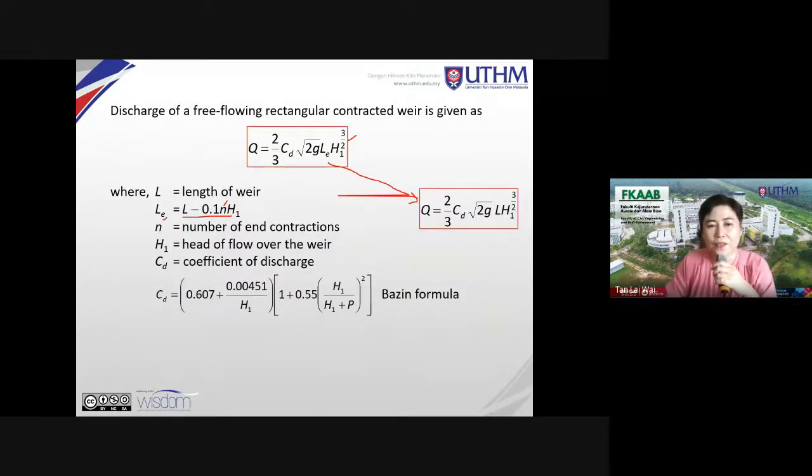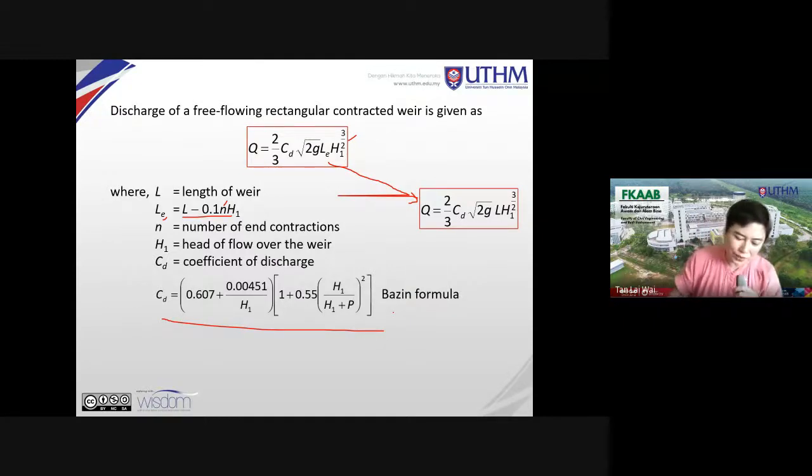So this is basically the rectangular equation that you have learned earlier, except that you have to consider the contraction by considering the effective length. This is another formula where you can find the coefficient of discharge using the Basin formula.